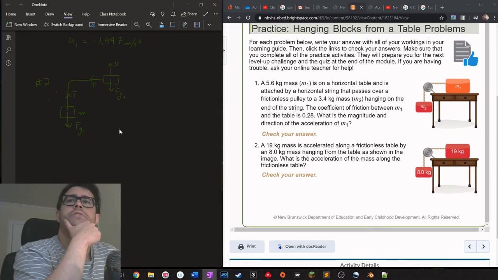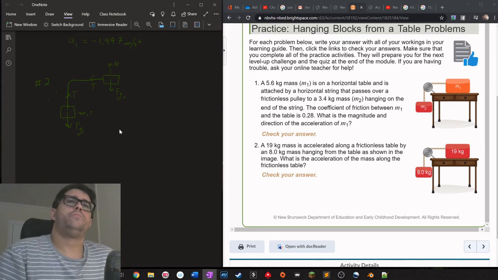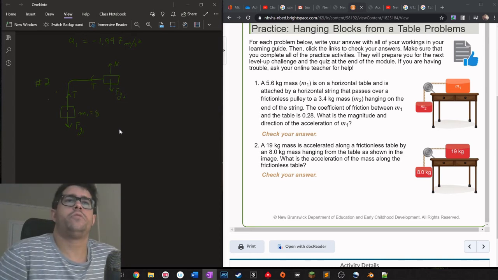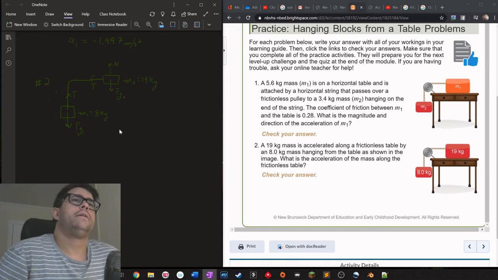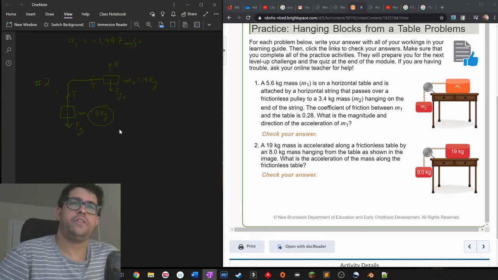Mass here is going to be mass 1. But mass 1 is not the first one in our problem, but the second one in our problem. This is the 19 kilogram mass that is accelerated along a frictionless table by an 8 kilogram mass hanging from the table.